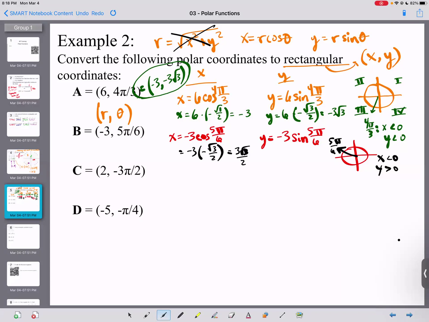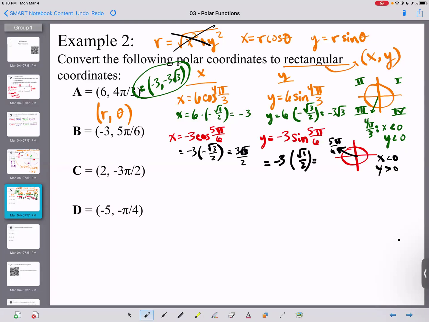And then over here for y, I'm going to have a negative 3 times negative 1/2. Nope, not a negative 1/2. I'm sorry, I messed that up. Let's start that one again. Sine, we said y is going to be positive. So this will be negative 3 times positive 1 over 2.